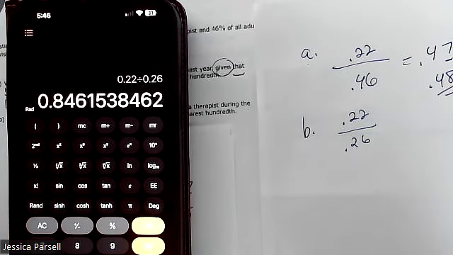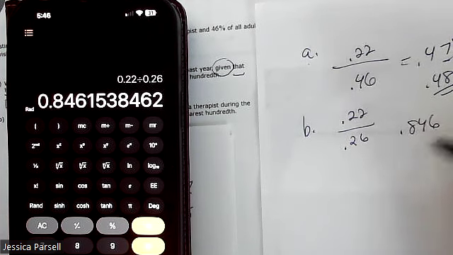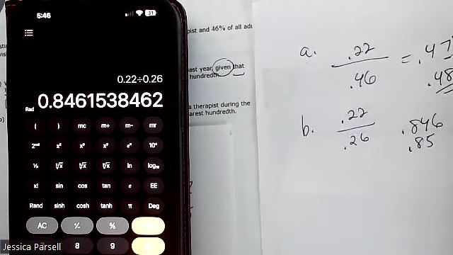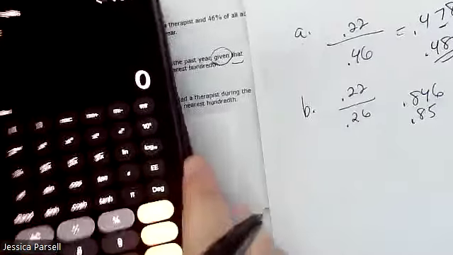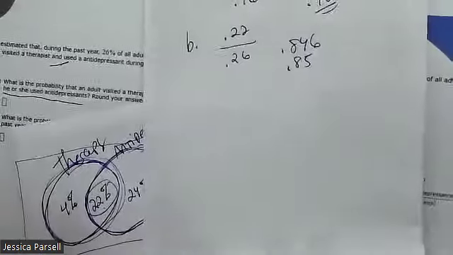What's the chance of that happening? And they want us to go to the nearest hundredth. This is 0.846, so we're going to call this 0.85. Okay. I think this might have been the third most missed concept. And then we're going to look at the fourth most missed concept, and that's our last one for today.